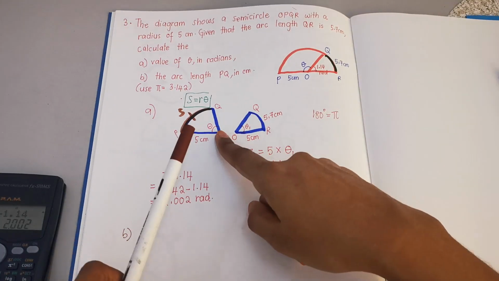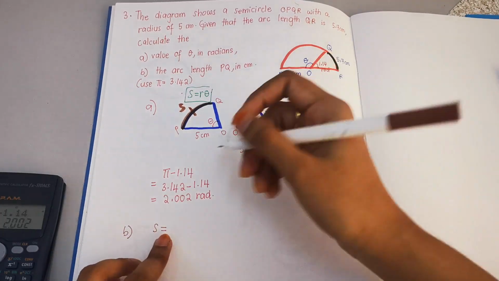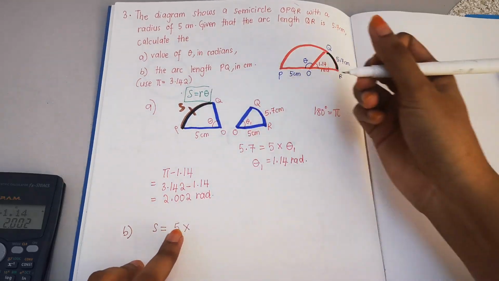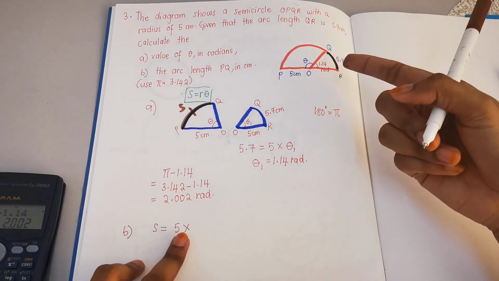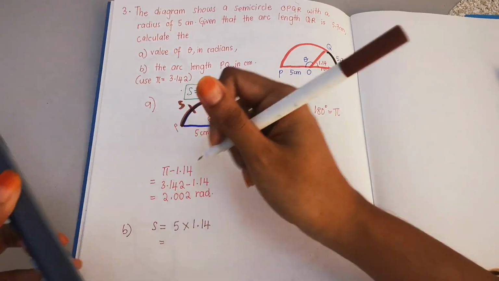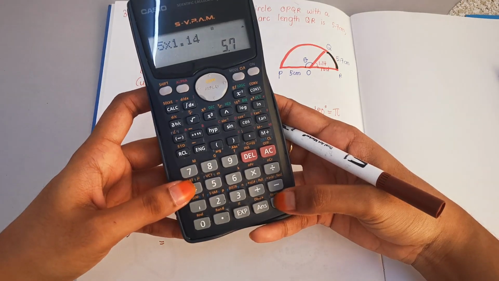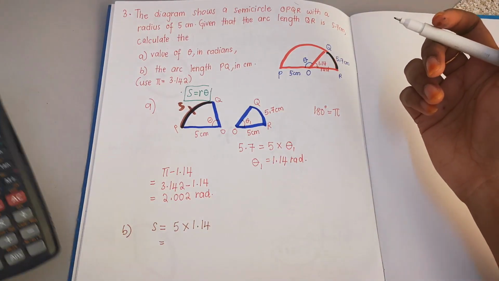So since we already know the theta, okay, so the S will be, R is 5 centimeter, the theta is 1.14. So 5 times 1.14 will be 5.7. This is arc length of PQ, right? Hold on.